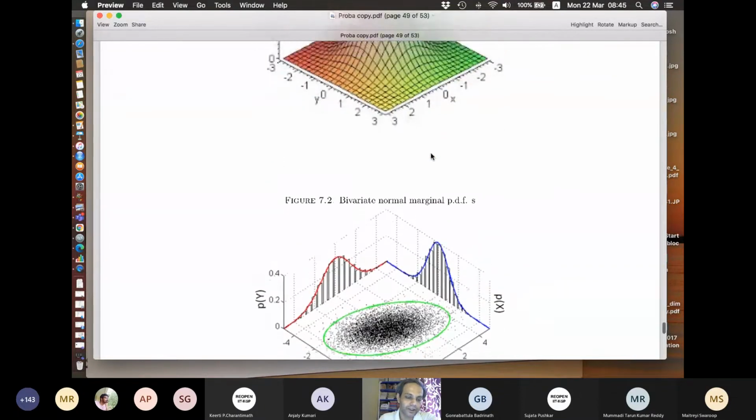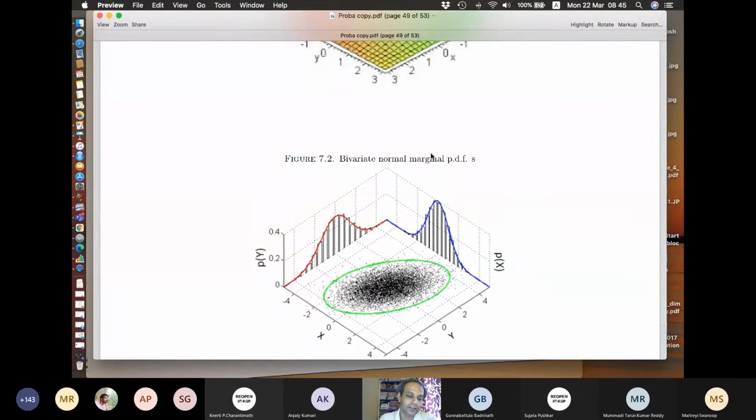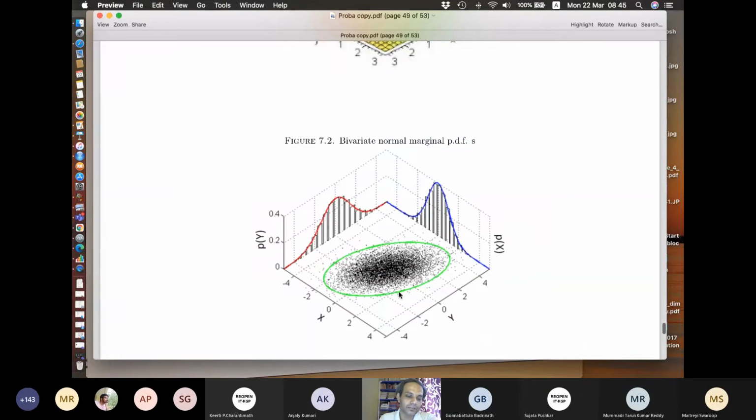And if you want to see its data version, this part is the scatter plot of the data depending on x and y; you observe the values of x and y and plot them on a plain paper. But when you see the marginals, that means the x coordinate and y coordinate, then the x coordinate will follow a normal distribution individually, and the y coordinate will also follow a normal distribution individually.